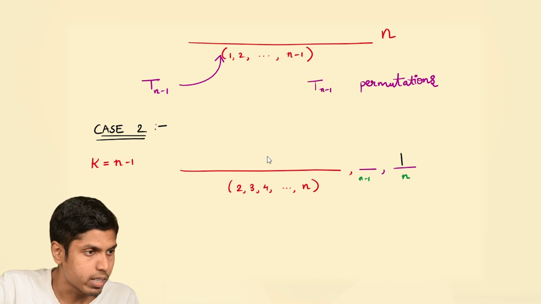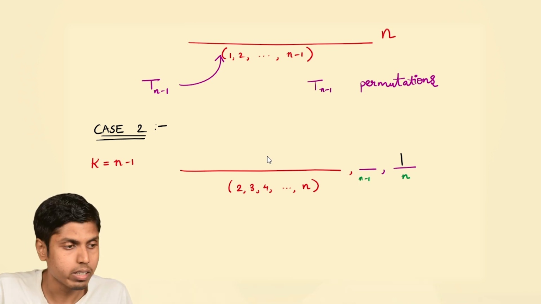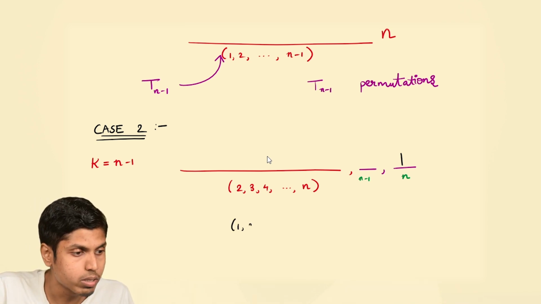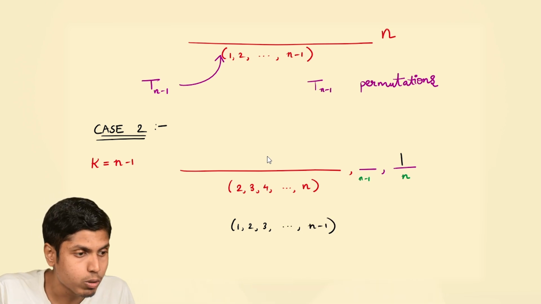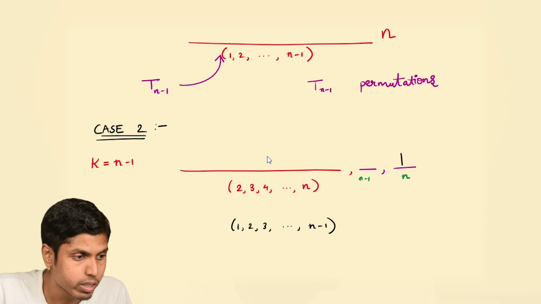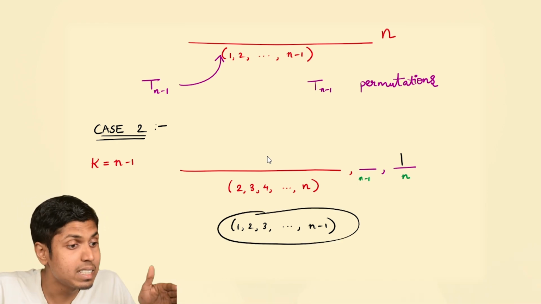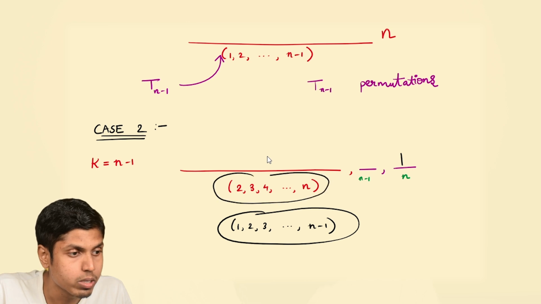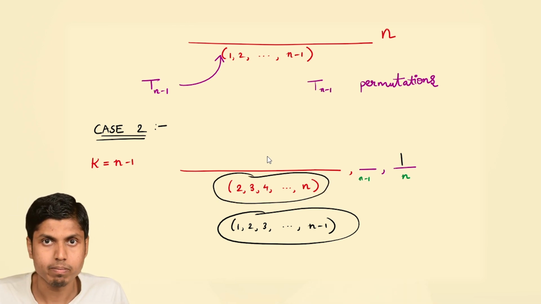You could see that these numbers have the same relation for the numbers 1 to n minus 1. That is, the number of ways to form a valid permutation with 1 to n minus 1 in the first n minus 1 blanks is the same as the number of valid permutations that can be formed using 2 to n in the first n minus 1 blanks.